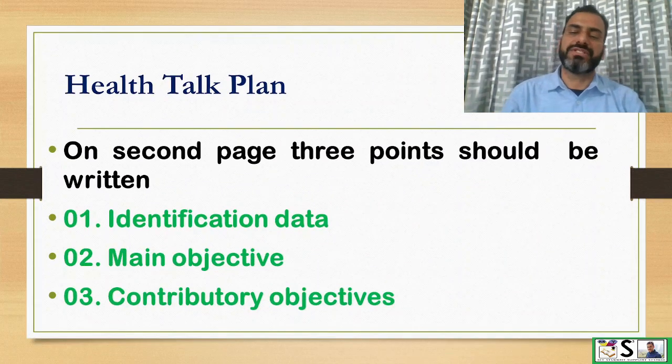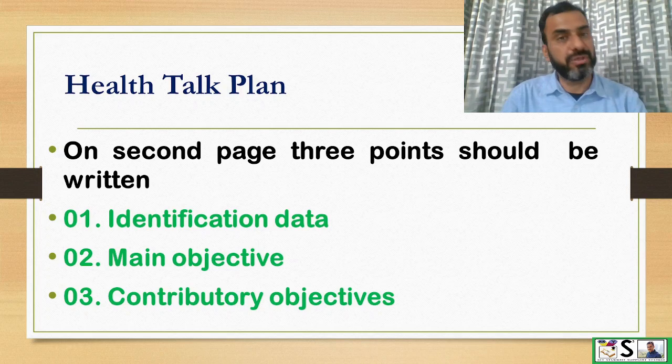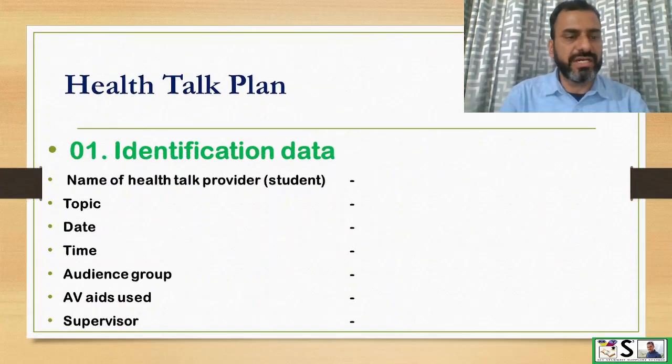On the second page, 3 points should be written. First point is identification data, second is main objective, and third is contributory objective. So how will you write?